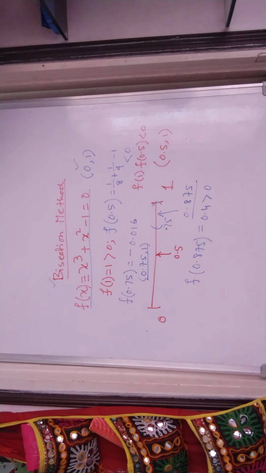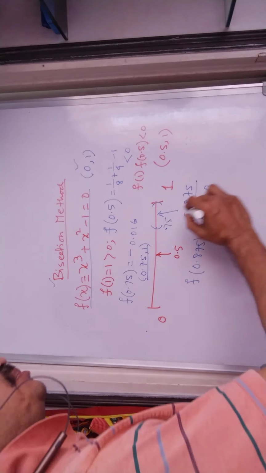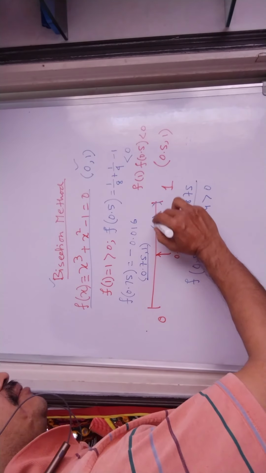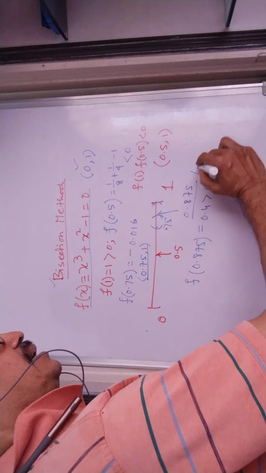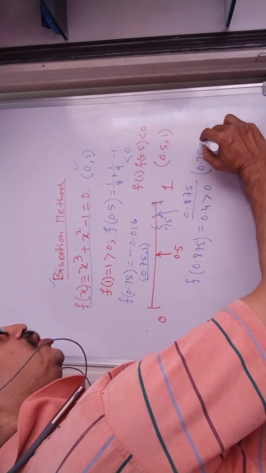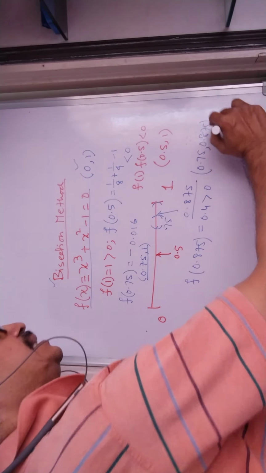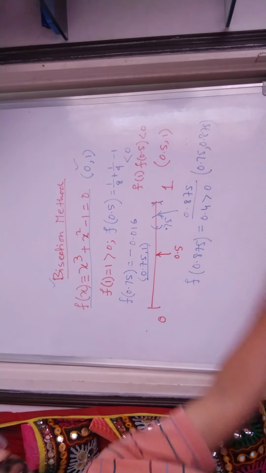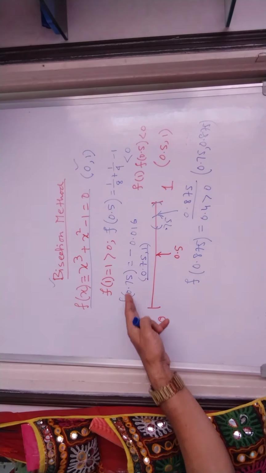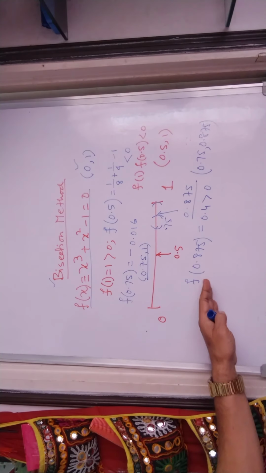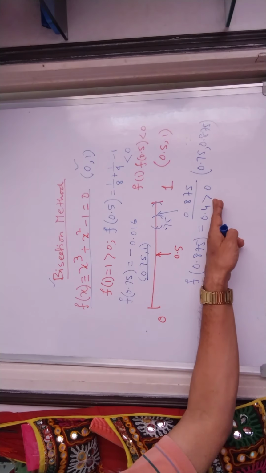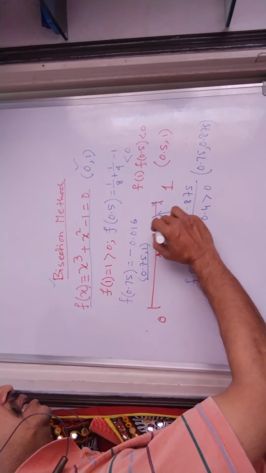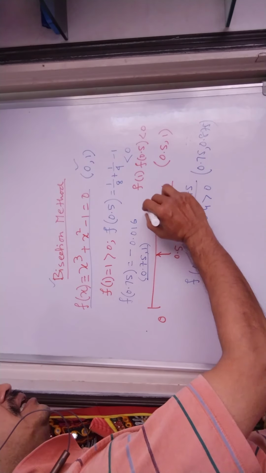Then we can conclude that the root lies between 0.75 and 0.875, isn't it so? Just follow the logic. Since f(0.75) is negative, but f(0.875) is positive, the root lies between these 2 points, not here.